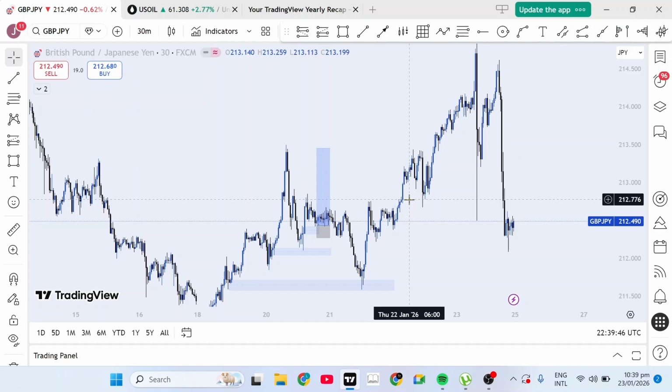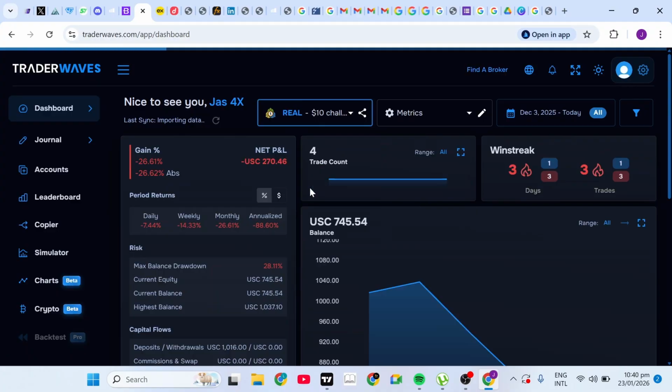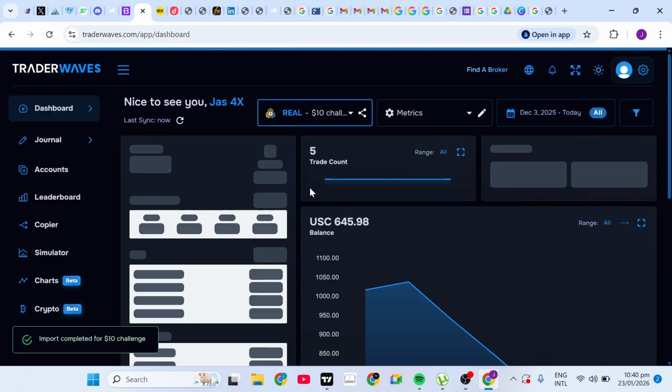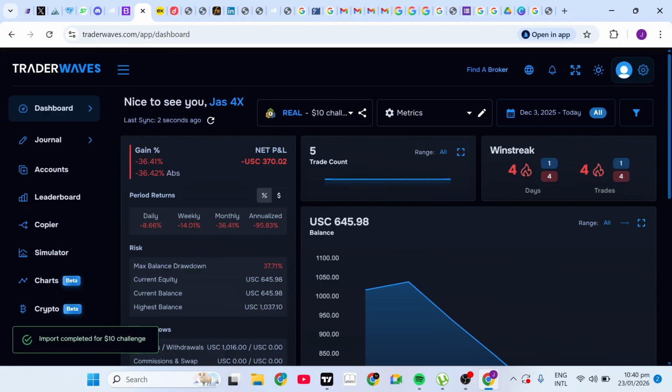This is the trade we took, and this is the result. So let's head over to our journaling platform to see what it's telling us. This is the challenge account. So far this week the stats have been updated.